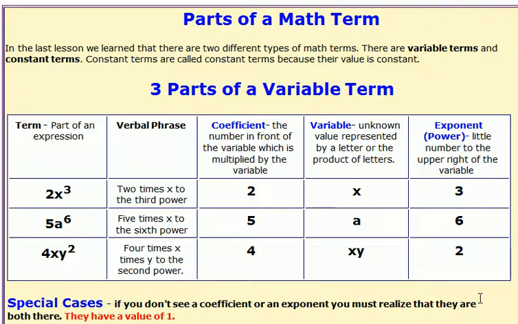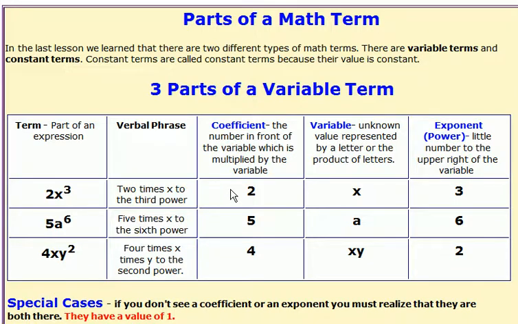So, the first kind of term that we're going to look at in this chart is a variable term. Okay? So what I did here is I gave you an example. For instance, we have 2 times x to the third power. Now in the chart, I put the verbal phrase here, 2 times x to the third power, so you know how to read this, because so far we haven't done much with exponents. Okay?